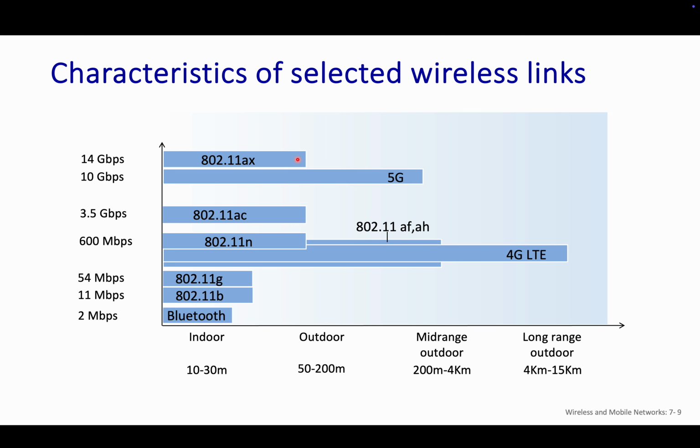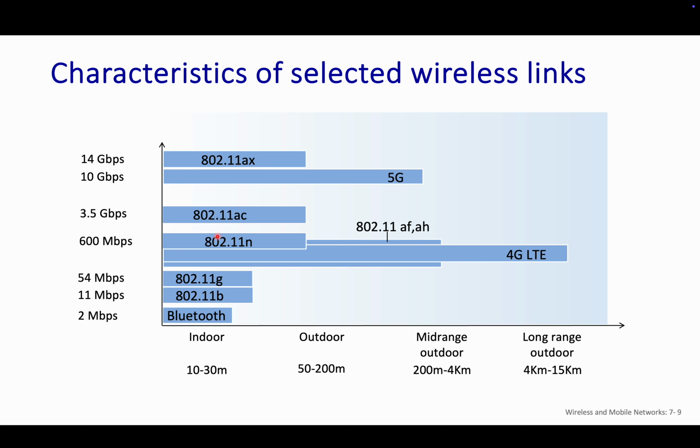Though the newer versions of it have started going outdoors more, with one exception of 802.11af and ah. This is kind of a weird tangent. Even though it's part of the spec, it uses a whole different frequency range and a different modulation scheme. So to me, it's more like a cousin of Wi-Fi, and it targets much more outdoor, long range applications.